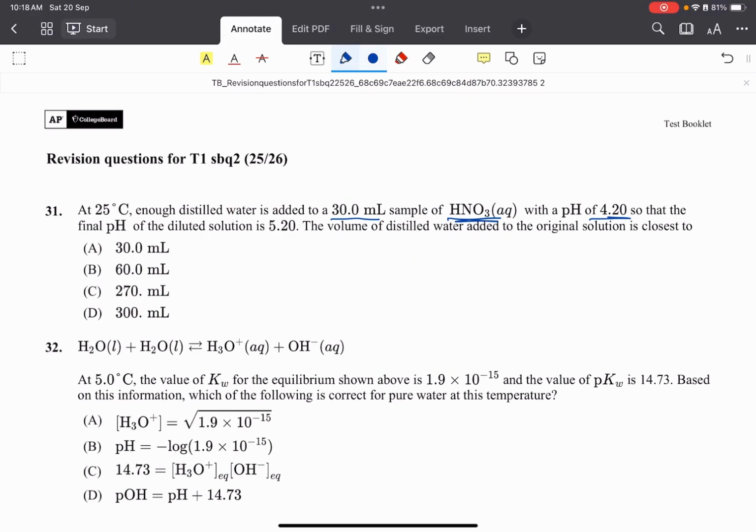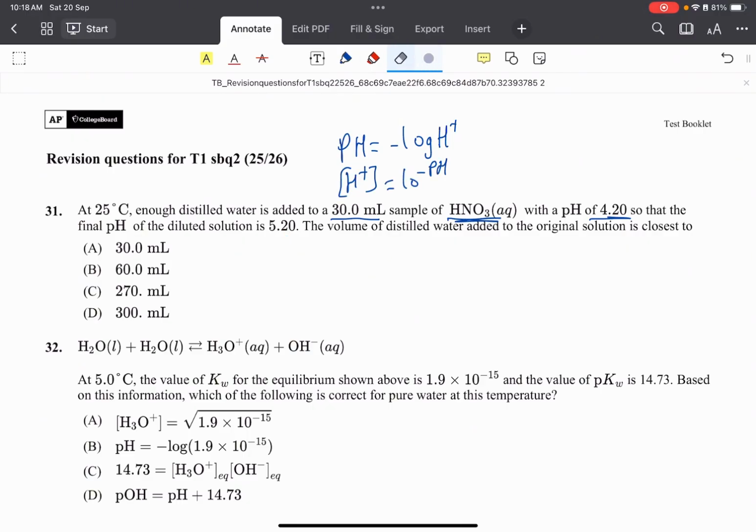So I had 30 milliliters of a pH 4.20. Let's directly think about H plus. So pH equals minus log H plus, or H plus equals 10 to the power negative pH.